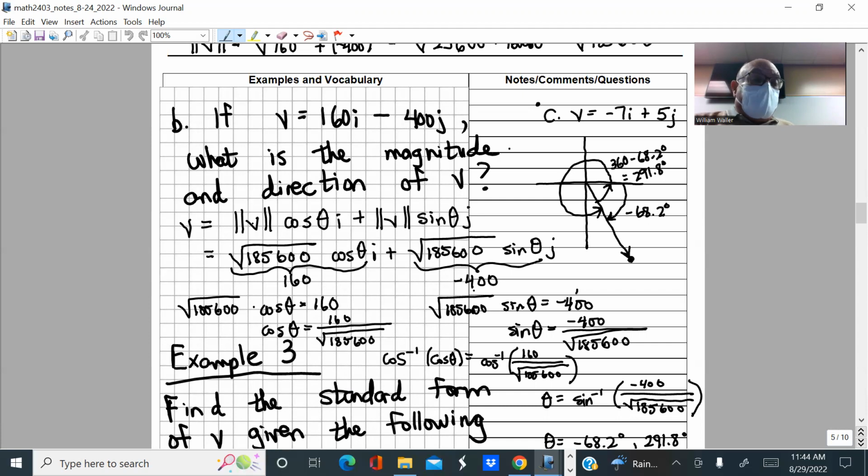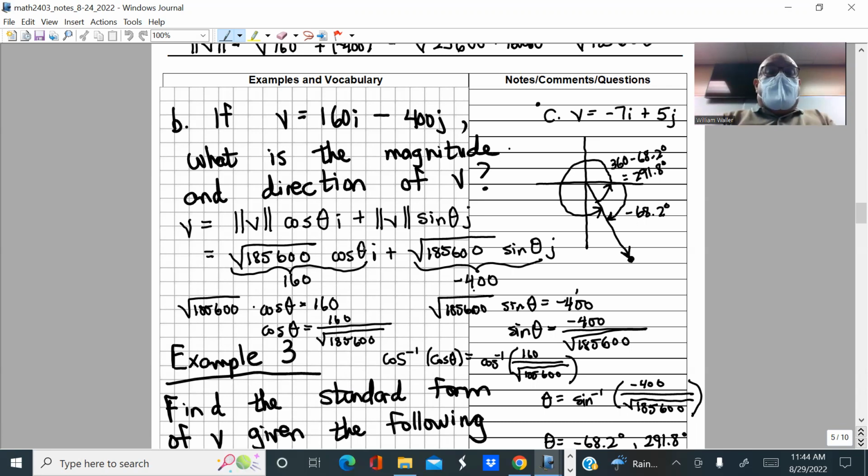Okay, you have the magnitude of the vector times cosine of theta, where theta is the angle formed by the vector when it's in a standard position, that is when it's starting at the origin, and the x-axis, right? Measured like you would in trig, counterclockwise. The angle is measured in counterclockwise direction, right?